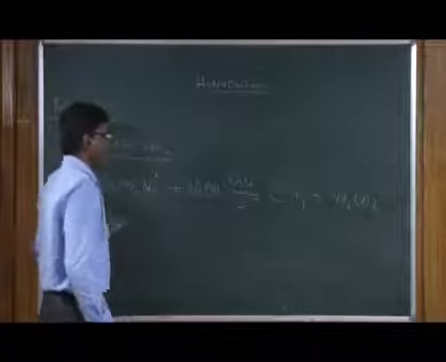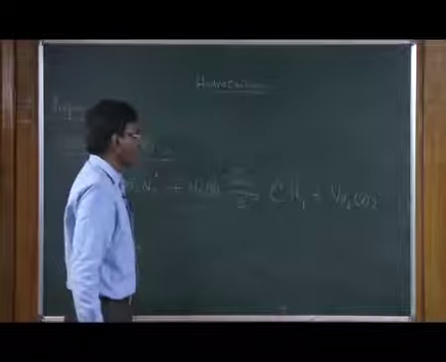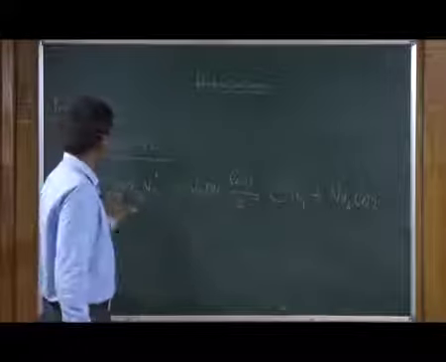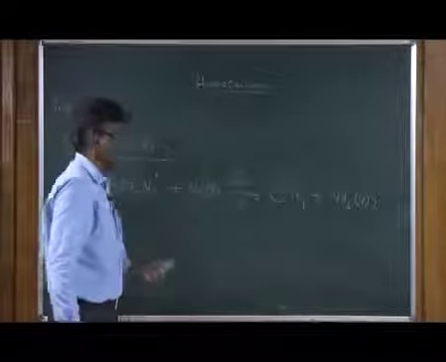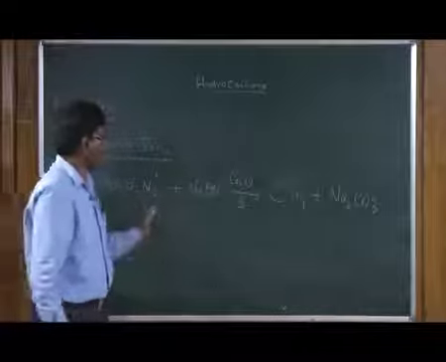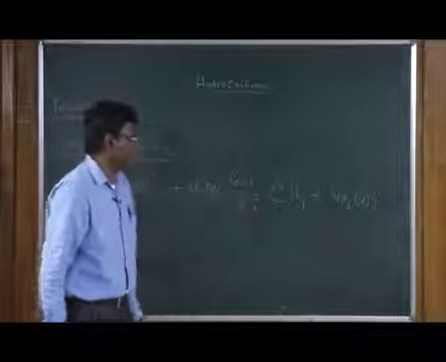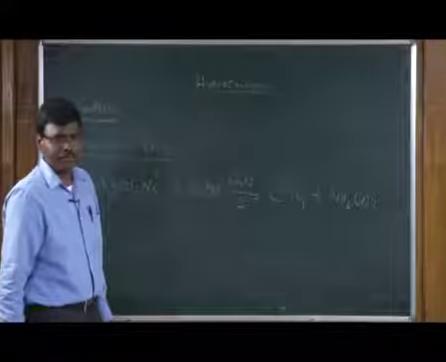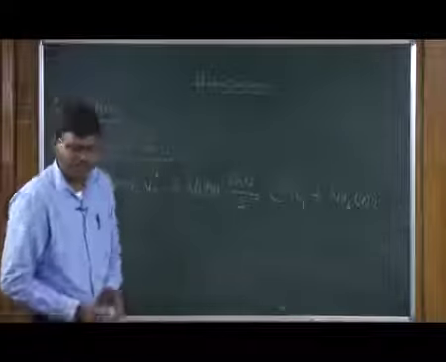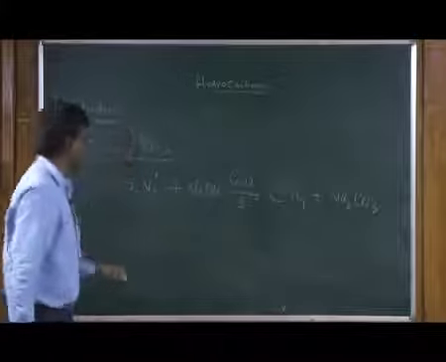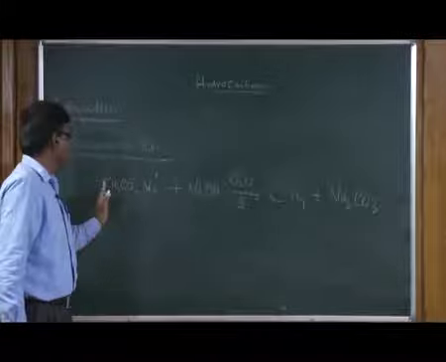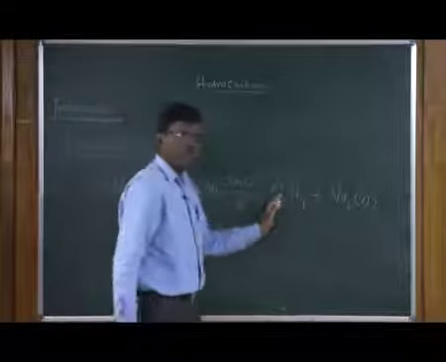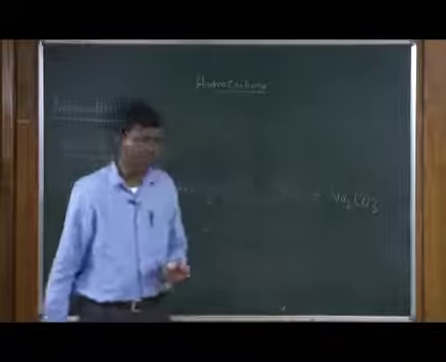The byproduct is sodium carbonate, and this is one of the methods used to make alkanes. Whenever you treat sodium carboxylate with soda lime and heat it, you can generate alkane, and the byproduct is sodium carbonate. This is called a decarboxylation reaction. You lose 1 carbon in this. Instead of 2 carbons, you will get a hydrocarbon alkane with 1 carbon less.